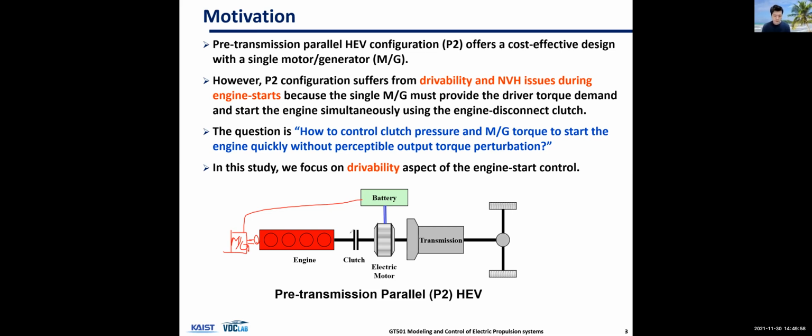Then this can work as a series hybrid, right? If the clutch is disengaged, you have this generator, you have this motor, right? But then the problem is that now one of the main advantages of P2 or parallel hybrid was having only one motor, right?